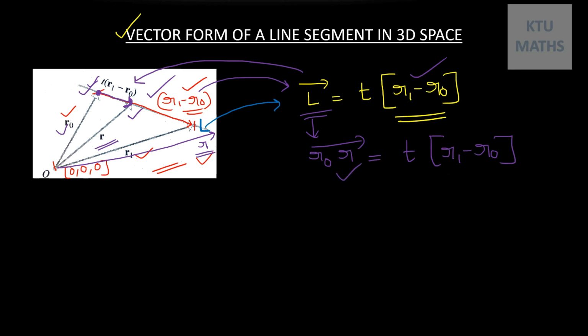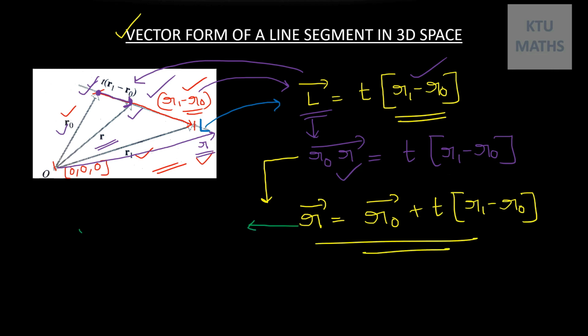By taking insights from the parametric forms that we have studied previously, we can write this vector as the unknown points vector is equal to the known points plus scalar multiple into the vector we know. This equation x is equal to x0 plus ta. Here a was a vector that we have taken as a reference.